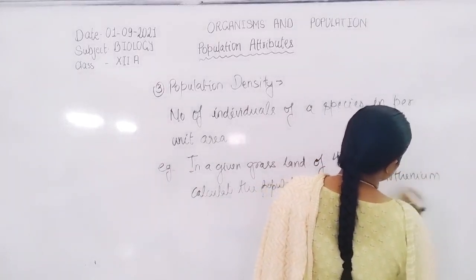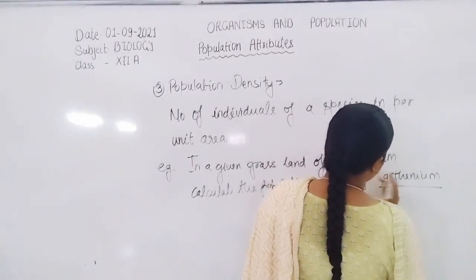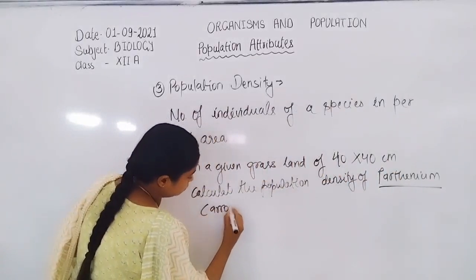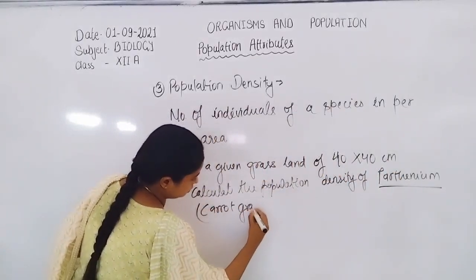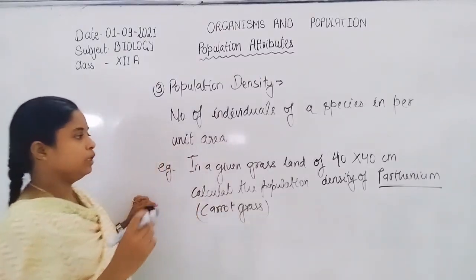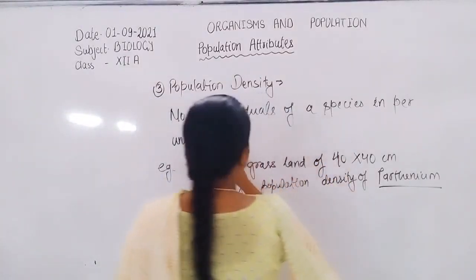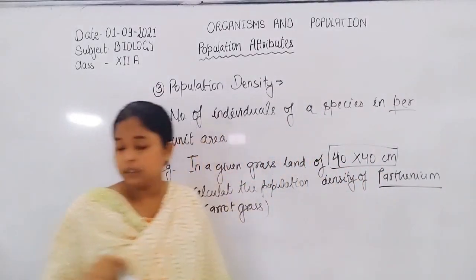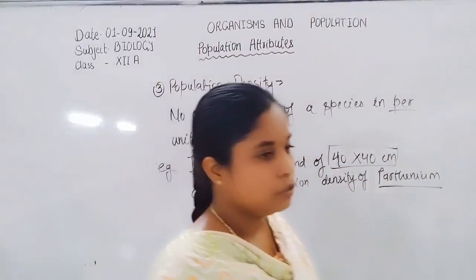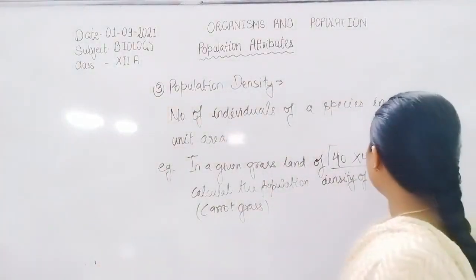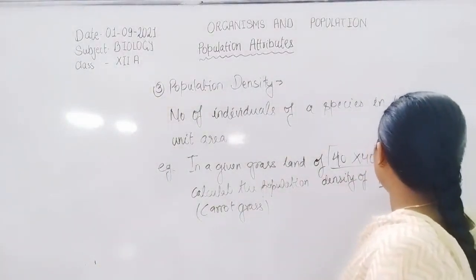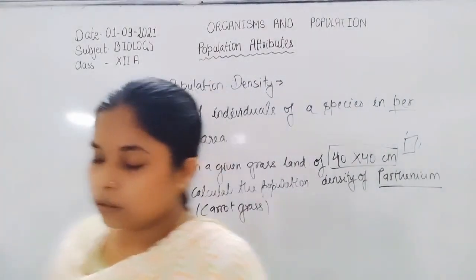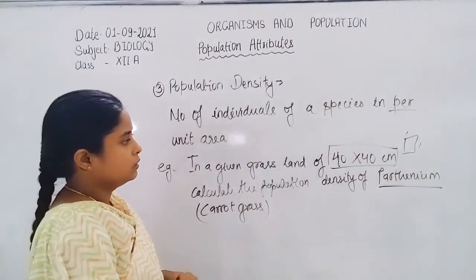Parthenium, actually carrot grass, is also known as carrot grass. We calculate per unit area in a given area. Our given area is 40 into 40, and we can calculate per unit area of 1 centimeter width and multiply by 40.